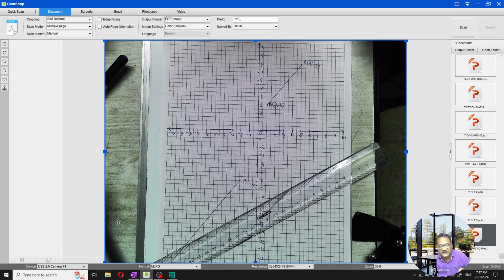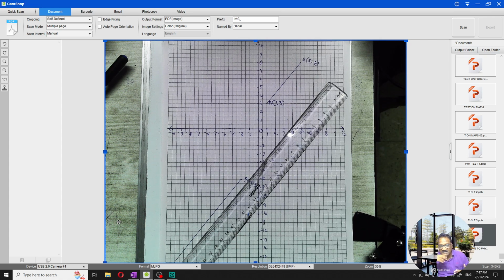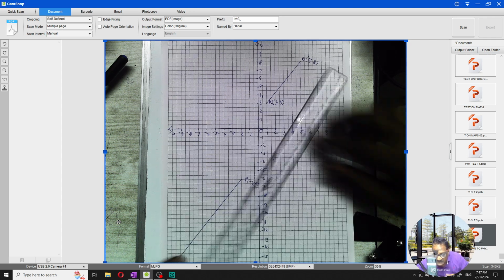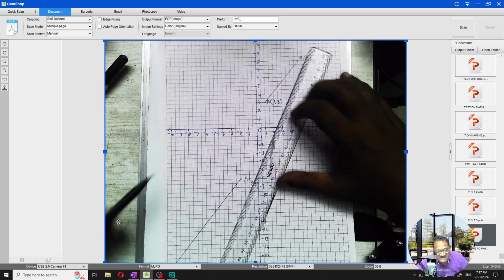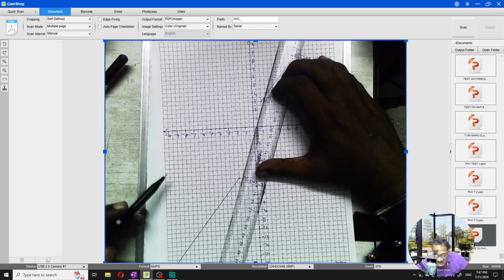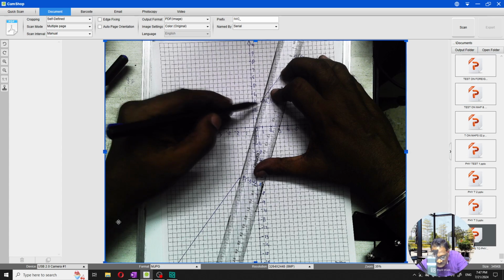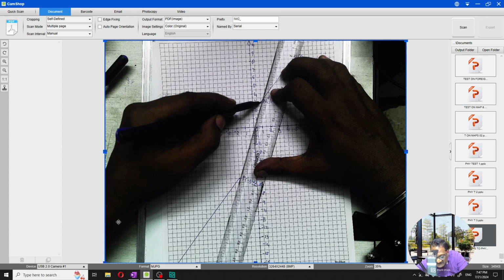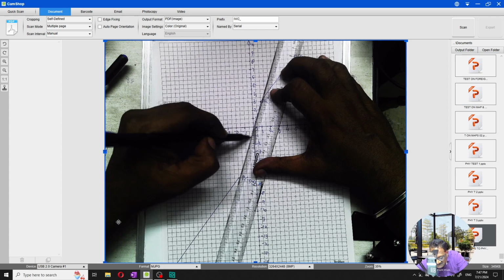To find the center of enlargement, you have to join the corresponding points of the object and the image. Here the object is your AB and the image is PQ. So I'll join the corresponding points, that is, A and P. If I join A and P, I'm getting this line.